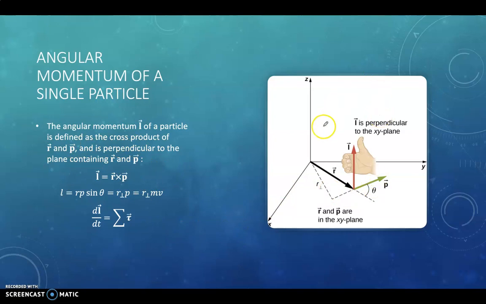So we have our XYZ plane here, and we have our r vector here and our momentum vector. So if we do r cross p, we'll get L in this direction.